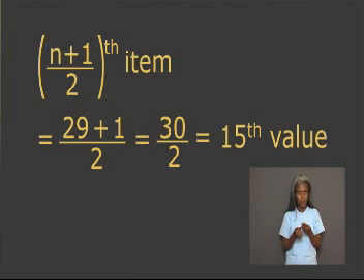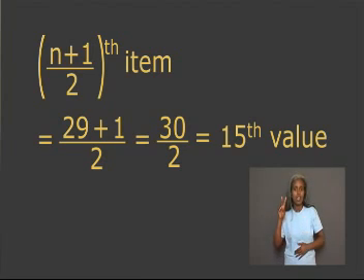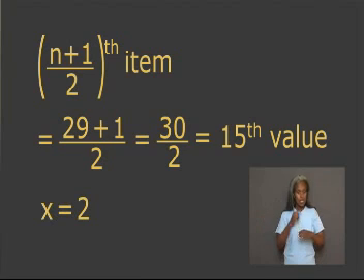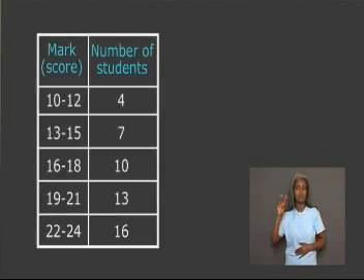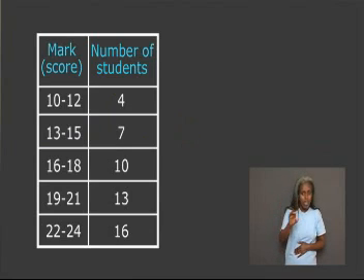Therefore, we are looking for the item expressed by n plus 1 over 2. 29 plus 1 equals 30, which divided by 2 equals 15. So the median equals 2. We will explore this idea further with the following example.